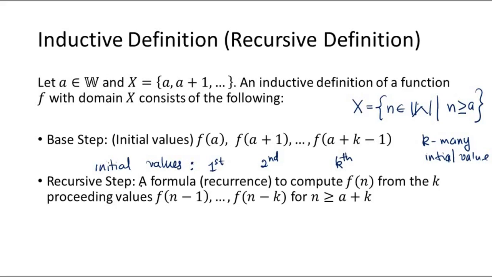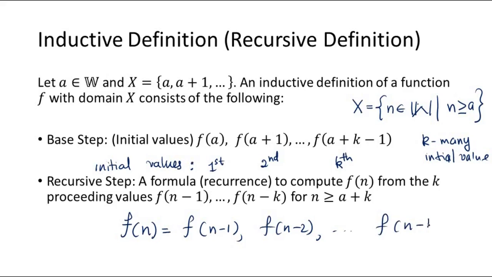Then we give a recursive formula that enables us to compute f(n) from the k preceding values. That is to say, how to compute f(n) using f(n-1), f(n-2), all the way up to f(n-k). So this is some rule that uses these values. Therefore, I can in general write it in this form.